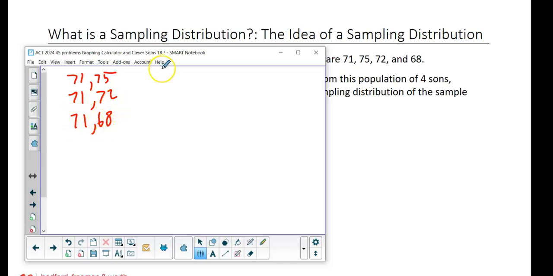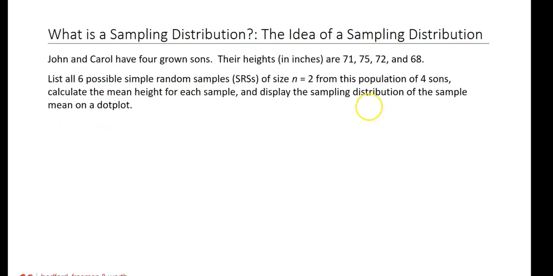Those are all the ones that start with 71. Now I'm going to start with 75: 75 and 72, 75 and 68. Those are all the ones that start with 75, and then 72 and 68. I don't think order matters here when you're choosing every possible case. So we have 1, 2, 3, 4, 5, 6 different possible groupings of sample size n equals 2 from this population. I listed them all out.